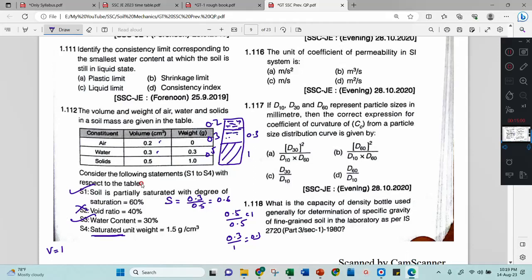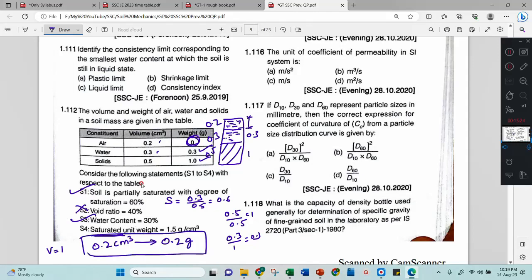When this must be filled by water, then how many grams will be there? This is 0.3 gram, 1 gram, and how many grams of water will be occupied here? 0.2 centimeter cube will occupy 0.2 gram.